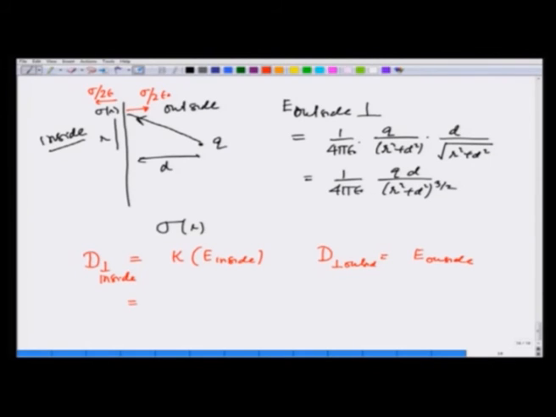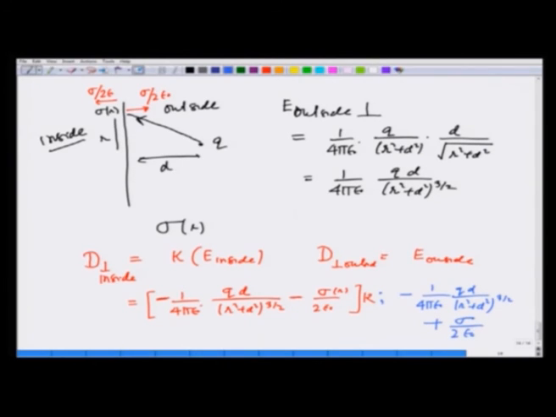So, this is going to be equal to 1 over 4 pi epsilon 0 q d over r square plus d square raised to 3 by 2 in the negative direction, in the same direction sigma over 2 epsilon 0, sigma r times k, and the right hand side is going to be minus 1 over 4 pi epsilon 0 q d over r square plus d square raised to 3 by 2 plus sigma over 2 epsilon 0.